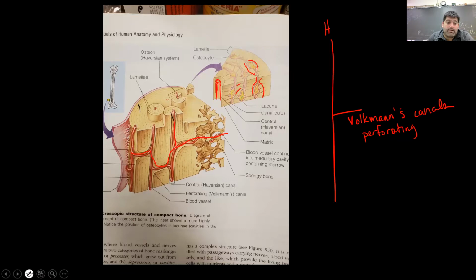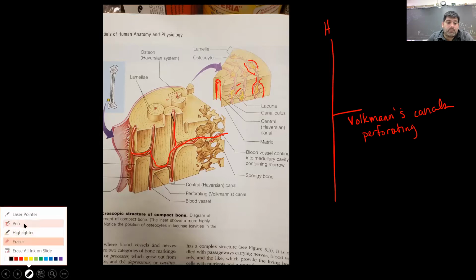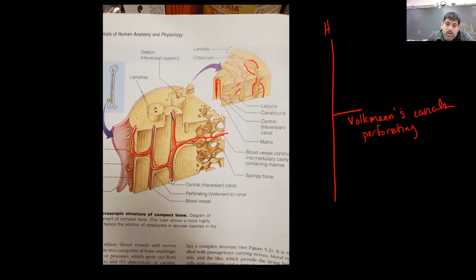But if we look at this kind of in some detail, what we're seeing is, yeah, sure, we have these concentric osteons, but then kind of wrapping the entirety of the bone, we're going to see these great big concentric, we'll call them growth rings, but that's not really what they are.